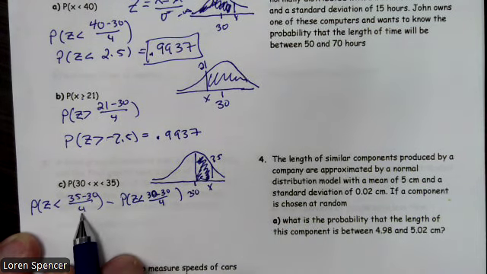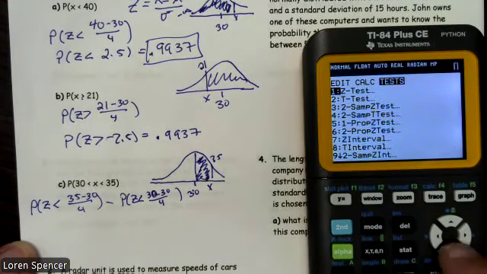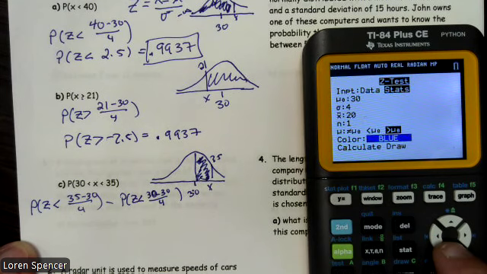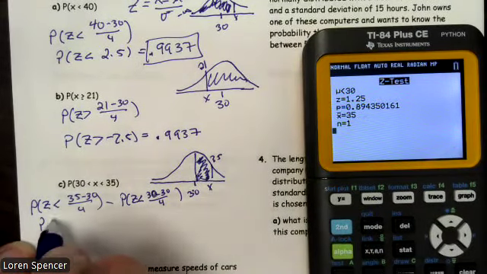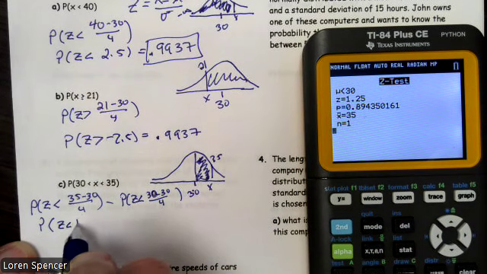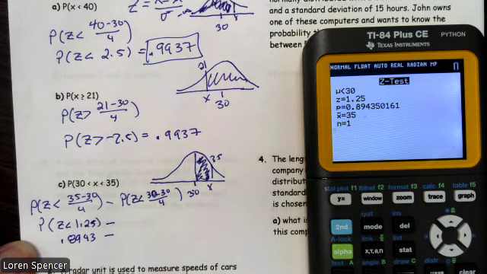And I have to do two stat test Z-tests. So we'll start off with the first one. Stat test, Z-test. Press enter. Mean of 30, standard deviation of 4. The first one is a 35. And we have the probability that z is less than 1.25, and that is 0.8943. Now I need to do this side.